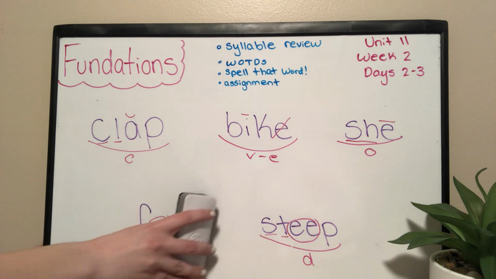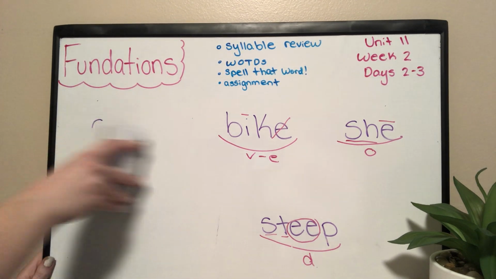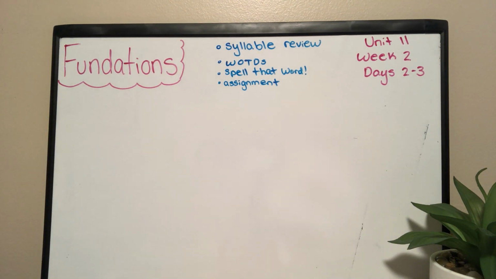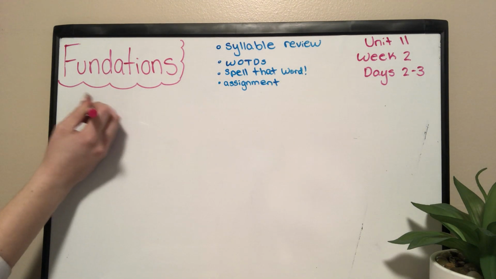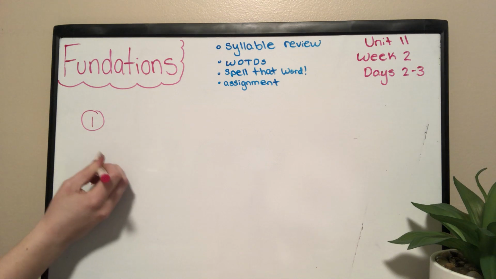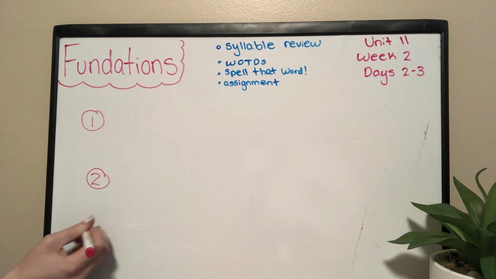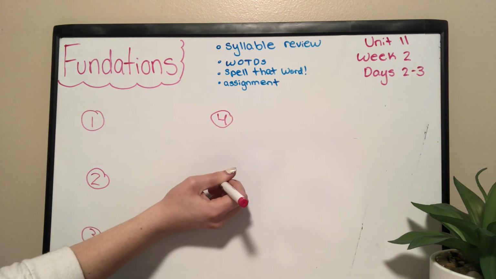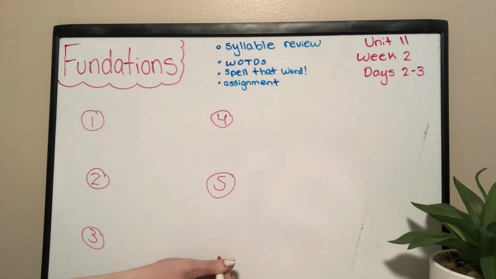Before we do our word of the day, you are going to tell me all 6 ways that we can have something that makes a long E sound. 4, 5, and 6. I know it sounds like a big deal. I promise it's not.